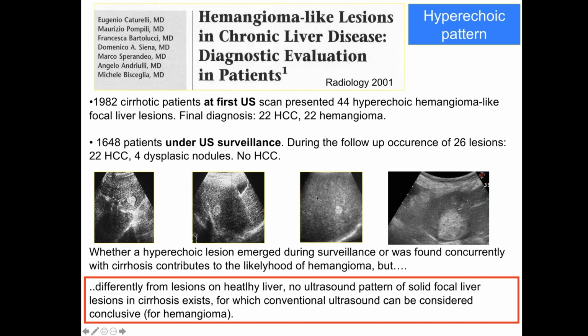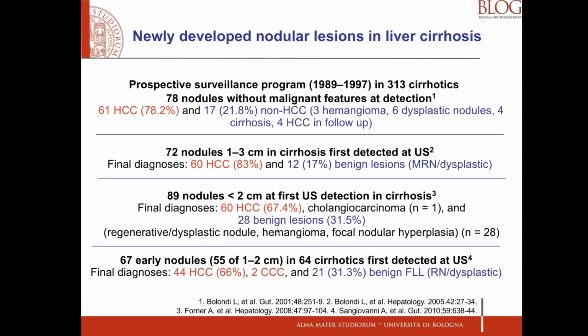So altogether, even when we see a lesion that theoretically might appear as a hemangioma, never put in your report that this is a hemangioma. Always put that it is a hepatocellular lesion until differently demonstrated. This is very important.